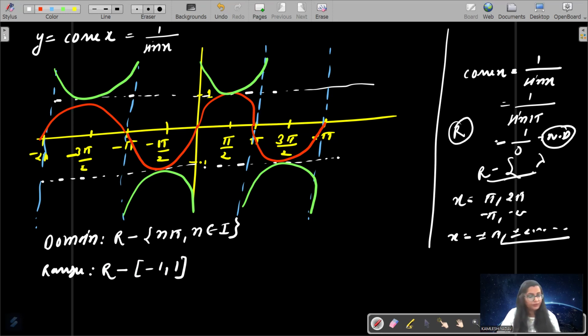So these are the graph explanations of the trigonometric functions, and we discussed their domain and range. Now we go for the exponential function.